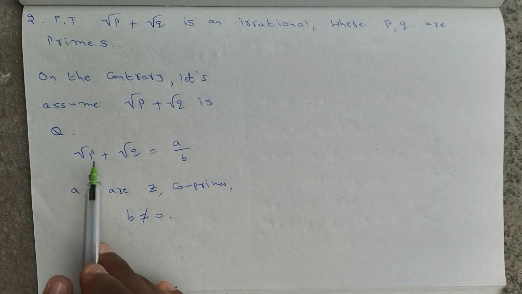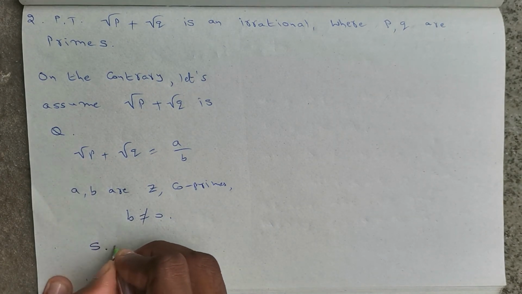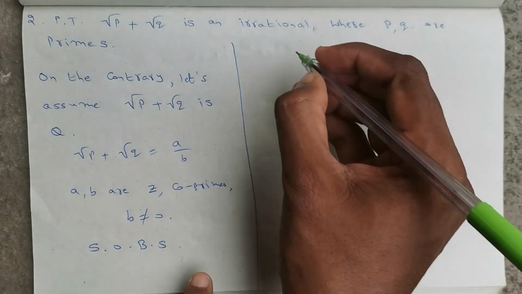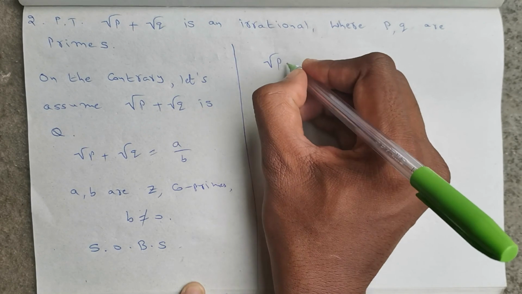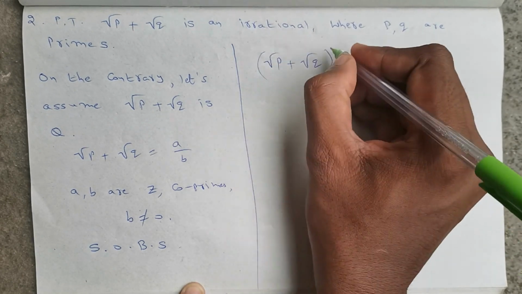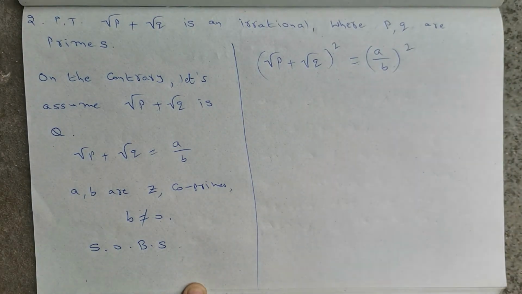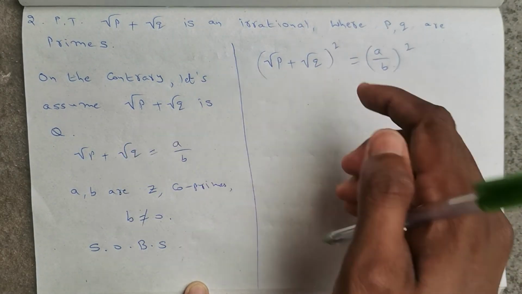So here two terms are irrational, so squaring on both the sides. So we get (root p plus root q) whole square is equal to (a by b) whole square. This is the (a plus b) whole square formula.